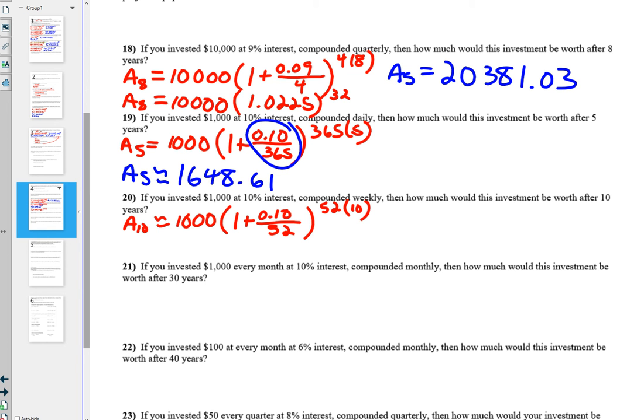It's going to be a nasty decimal too. Yeah, so let's just put everything in at once. This will be the last one for today, and then we'll pick it up tomorrow. The amount after 10 years is approximately 1,000 times 1 plus 0.1 divided by 52, to the power of 520. Whoa, why am I getting 0?